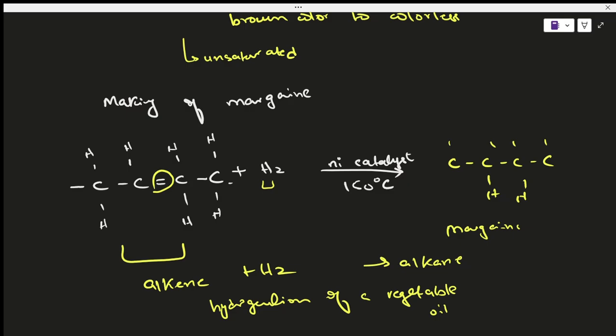Some molecules remain, and some molecules come as a byproduct, and those are the trans fats, which are formed due to the side reaction of the hydrocarbon chain with a catalyst, and that is related to heart diseases. Okay, so I just give you a little warning about eating margarine and all, right?